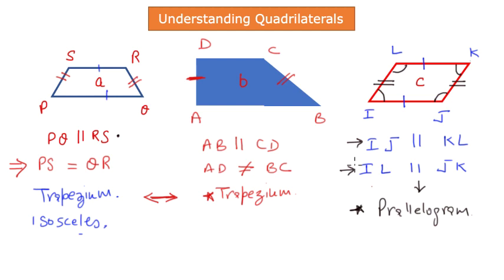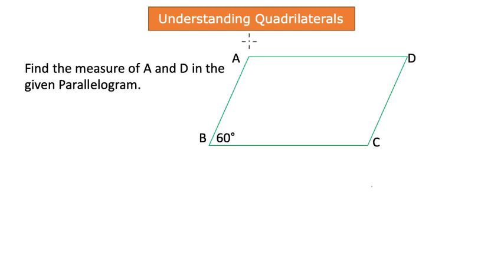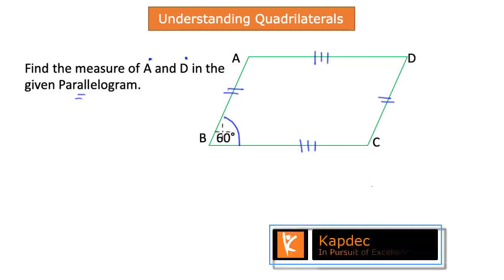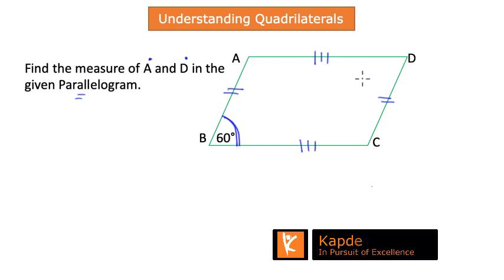Now let us take a quick look at an example of how we can apply these properties to solve problems related to the measures of angles or sides. In this simple example, we have a parallelogram in which we know the measure of angle B, and we are supposed to find the measure of angle A and angle D. One property of a parallelogram is that because opposite sides are equal and parallel, the opposite angles will also be equal to each other.